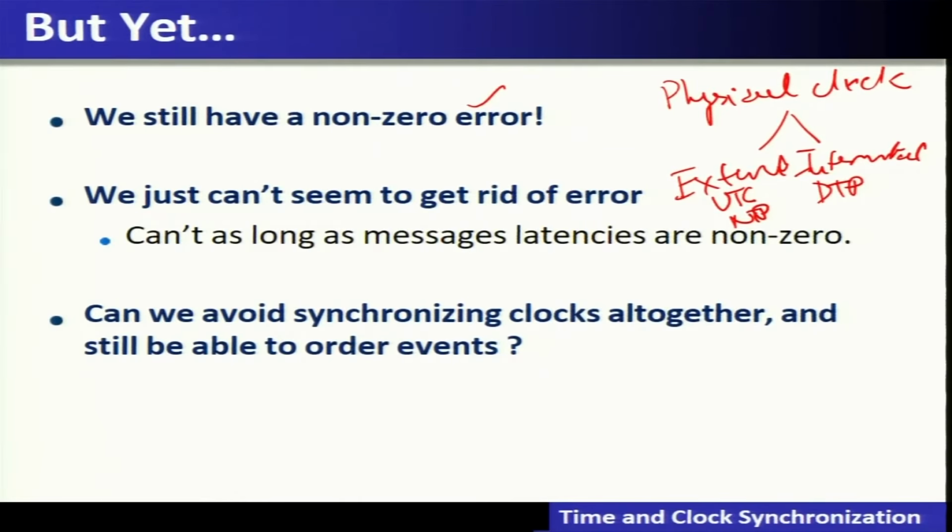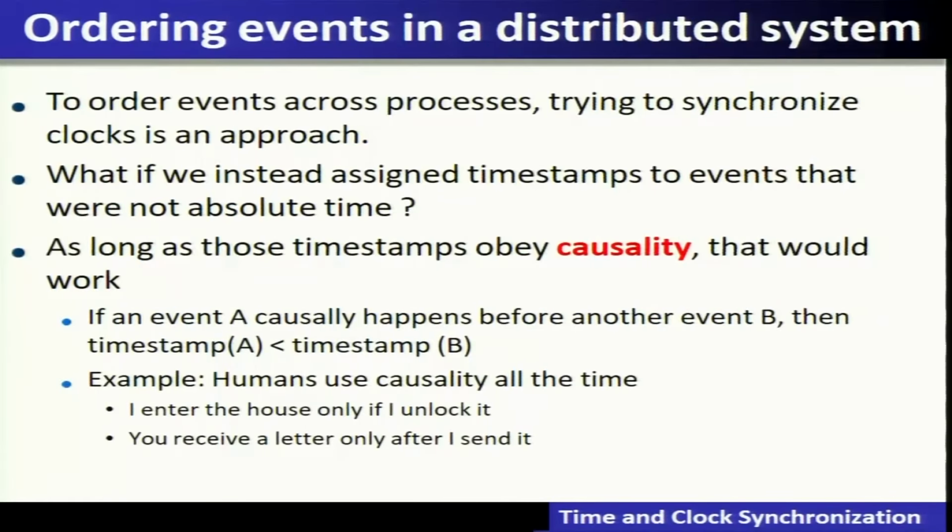So, you know that you just can't get rid of these errors because of the message latency, which is non-zero. So, how can you avoid synchronizing the clocks altogether, yet use some other method for ordering the events in the distributed system?